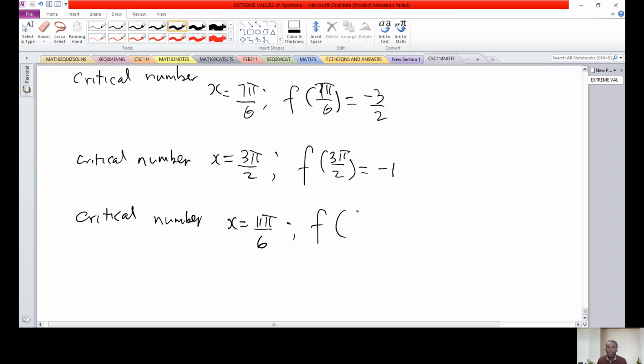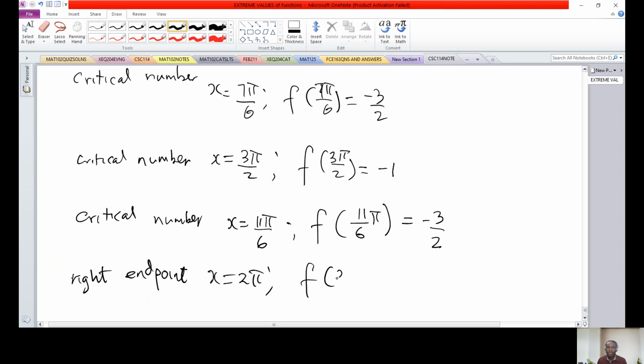We find the value of the function at 11 pi over 6. That is -3 over 2. And then lastly, the right endpoint is given by x equals 2 pi. So the value of the function at 2 pi will be -1.